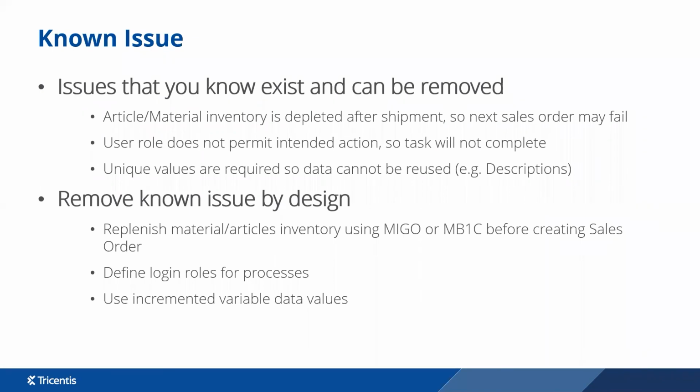So an example of a known issue is one that I spoke about earlier, the article and material inventory. So you can use MIGA or MB1C to put that stock into the plant before you run the sales order. The second one is usually around user roles. Most people don't really approach SAP from a role-based testing point of view.